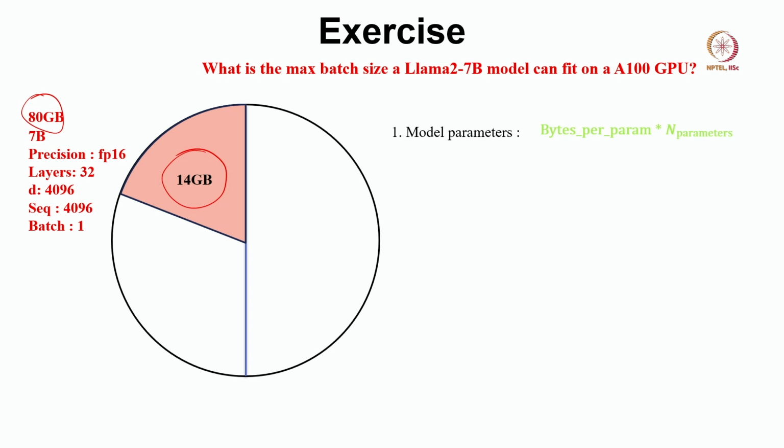So now we have to see how much memory the KV cache of this Llama 2 7 billion parameter model needs for one batch.